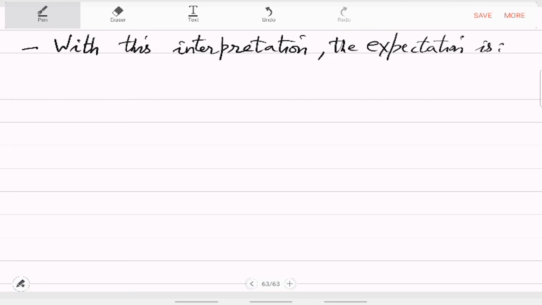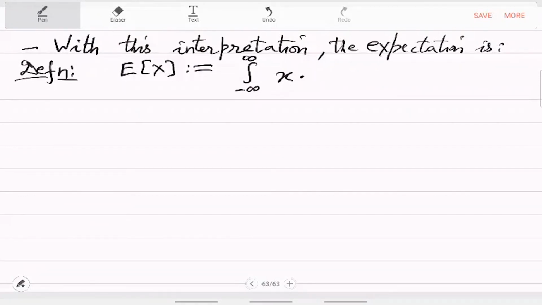And with this, the expectation is E of x equals the value small x, or kind of in the small vicinity, infinitesimal neighborhood of small x.